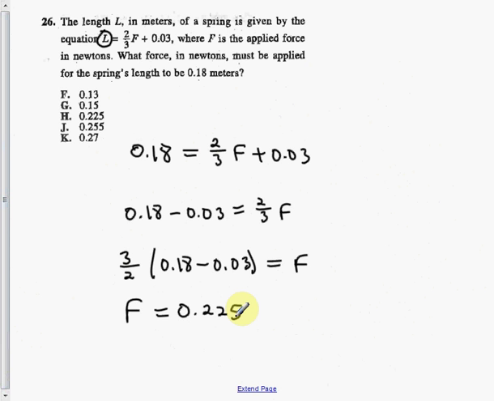And do you know how to get that number on your calculator? Right. You're going to put what's inside the parentheses first. So you do that subtraction, 0.18 minus the 0.03. Whatever that number is, multiply it by 3 divided by 2, and you get 0.225, right? And let me tell you, that's another aspect about this test, is to be able to use that calculator to your advantage, to be able to work that calculator so you can get these numbers right.